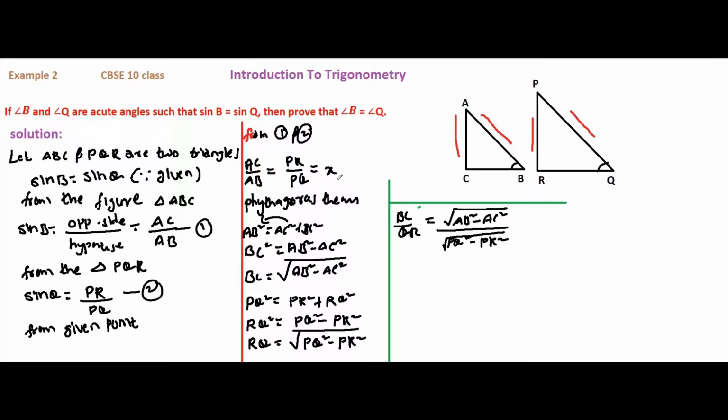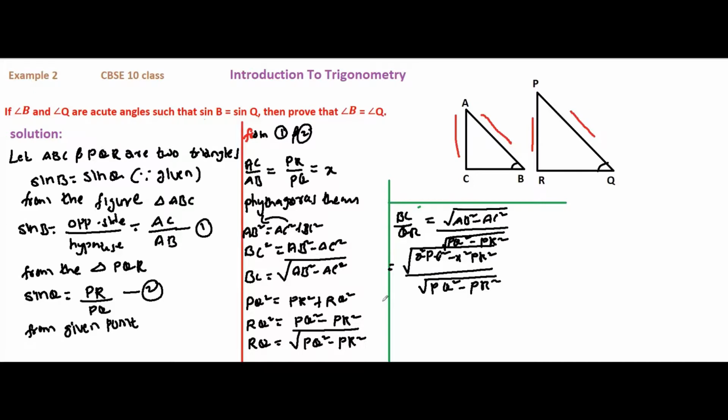So from this we can write under root AB square minus AC square, which is X square into PQ square minus X square into PR square, by under root PQ square minus PR square.